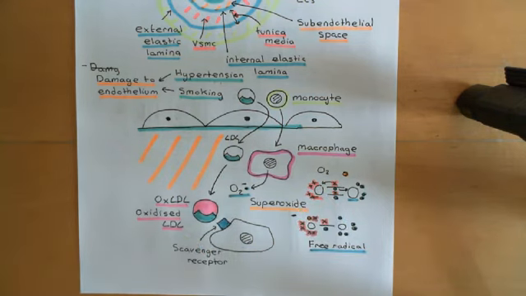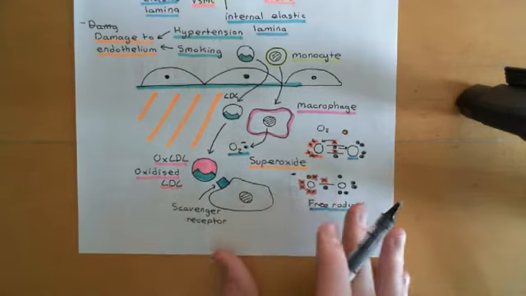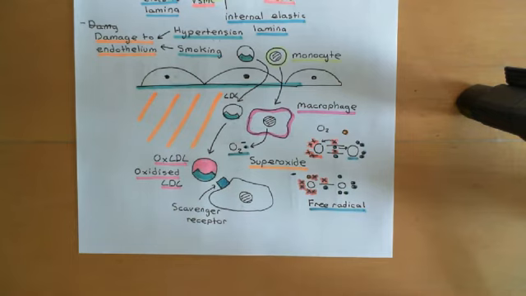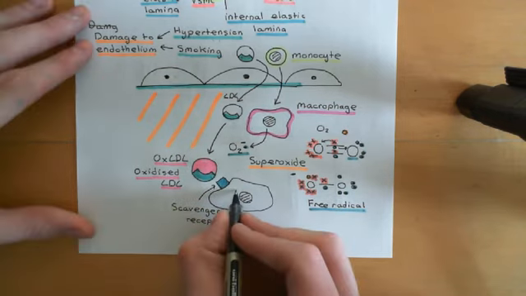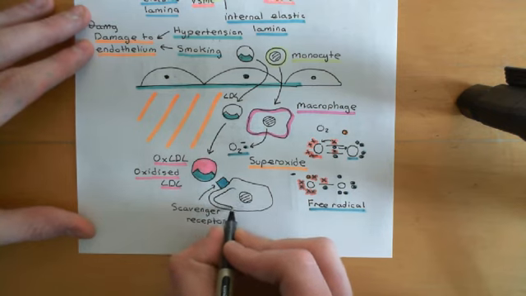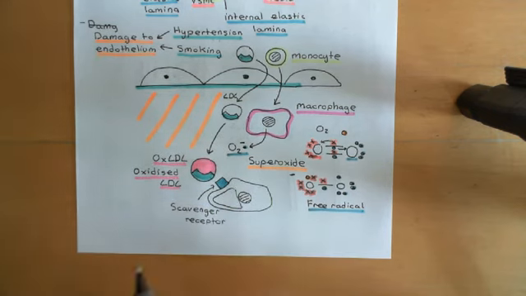So these macrophages are going to end up taking in a lot of oxidized LDL. They get huge amounts of cholesterol delivered into them, so much cholesterol that they have nothing to do with it, basically. So they end up storing it in massive, great lipid stores.